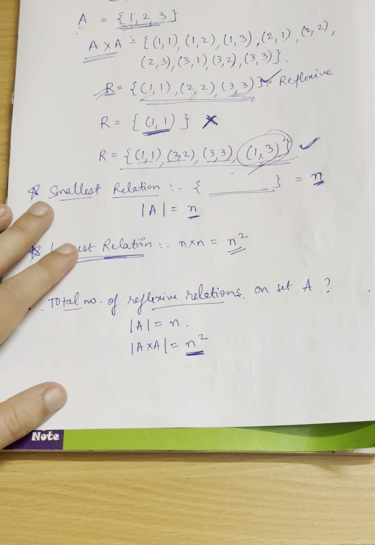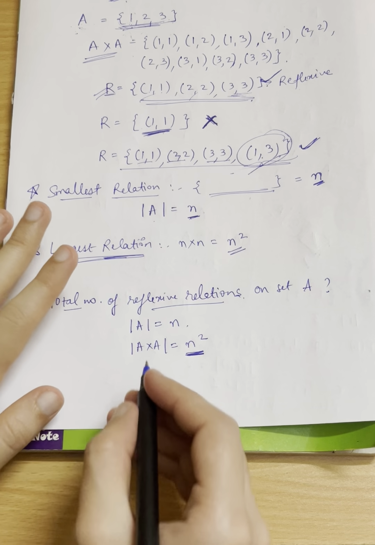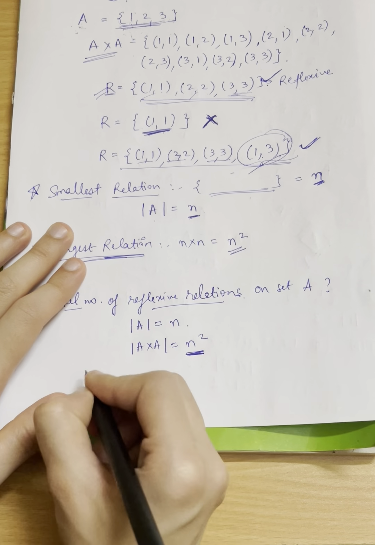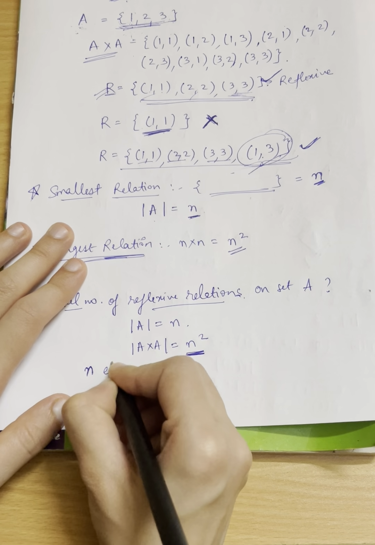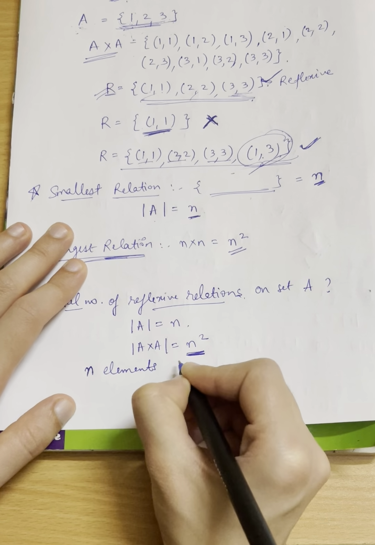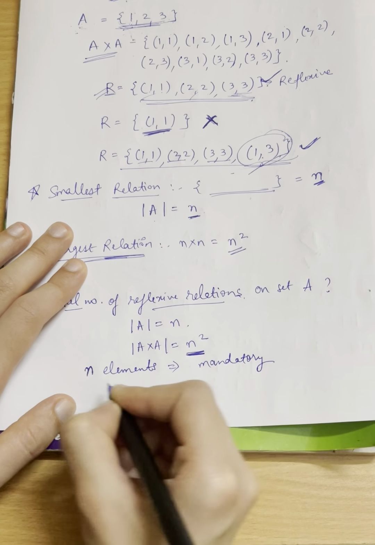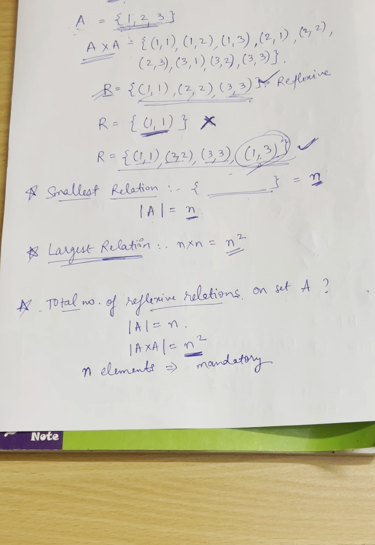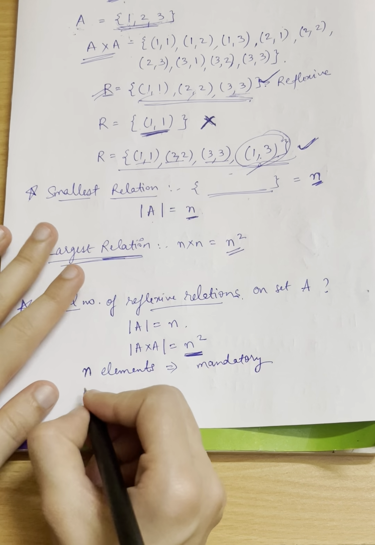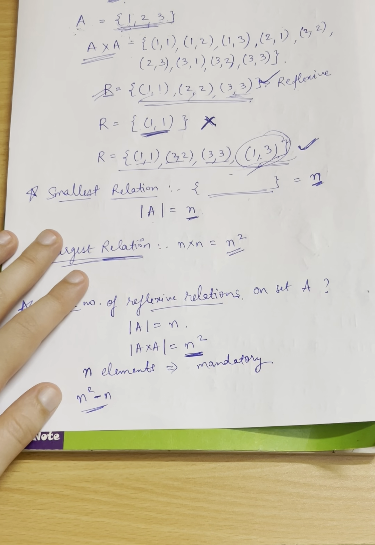That is mandatory, we cannot deny it if it is reflexive. So these n elements are mandatory, and there is only one possible way to have them in each reflexive relation.